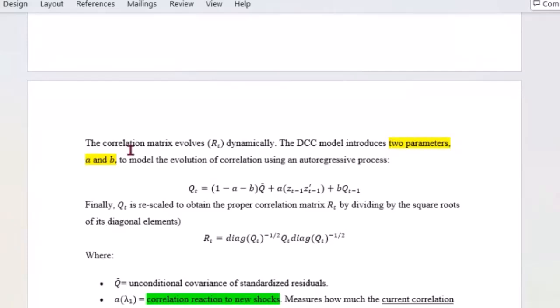So the DCC model introduces two parameters, A and B. Other books will call them lambda 1 and lambda 2, to model the evolution of correlation using an autoregressive process.